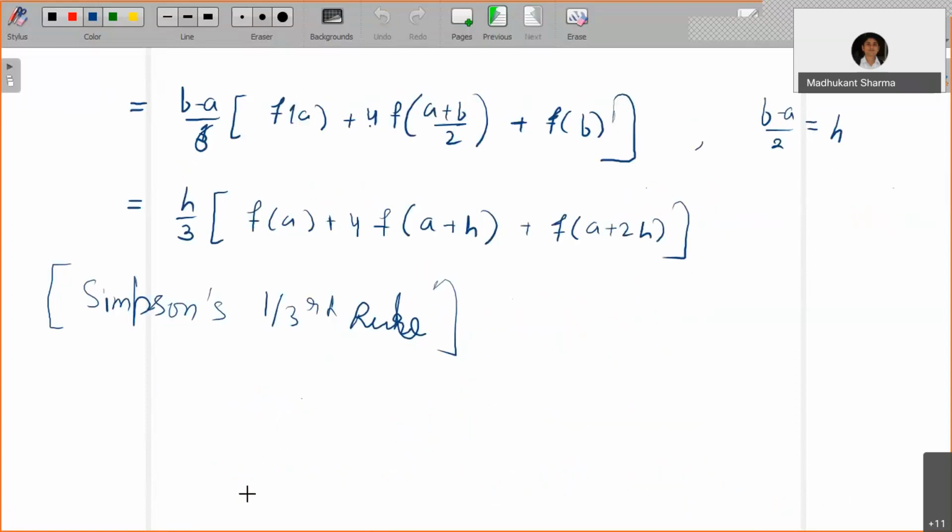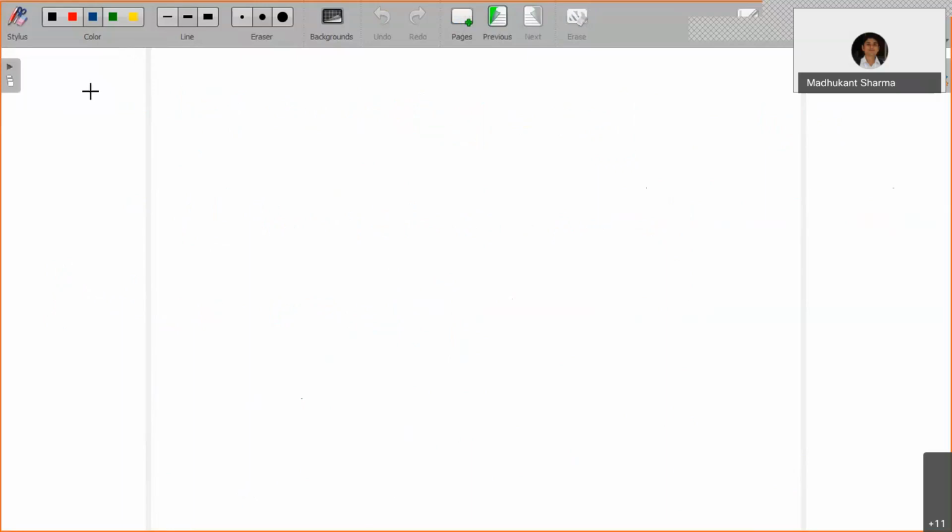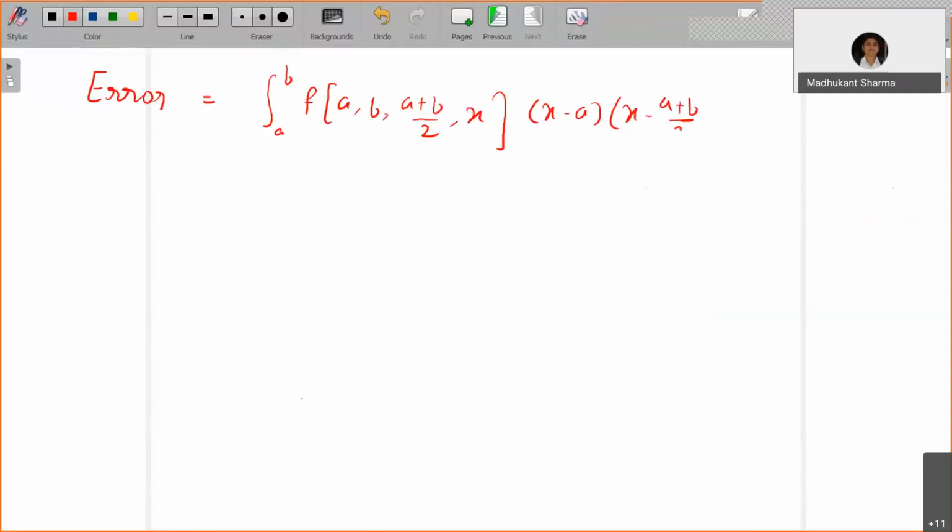Now let's work out the error term. The error in Simpson's rule is going to be the integral from a to b of f[a, b, (a plus b)/2, x] times (x minus a) into (x minus (a plus b)/2) into (x minus b) dx.